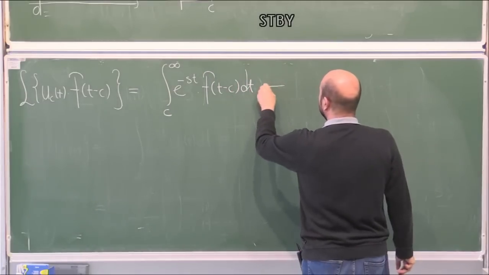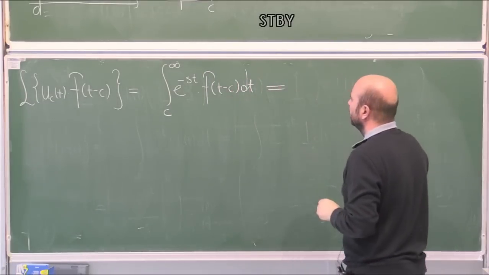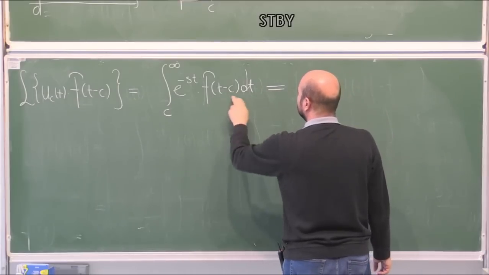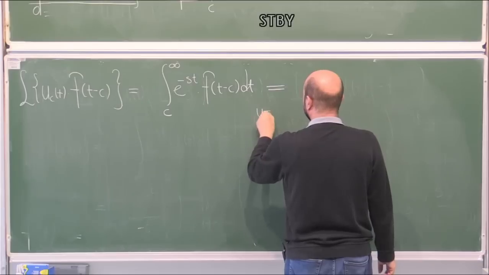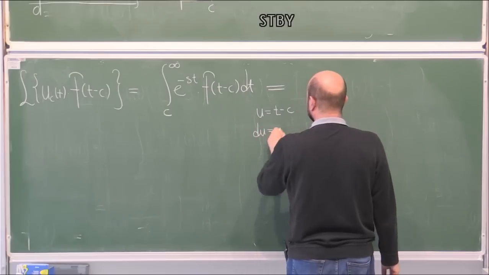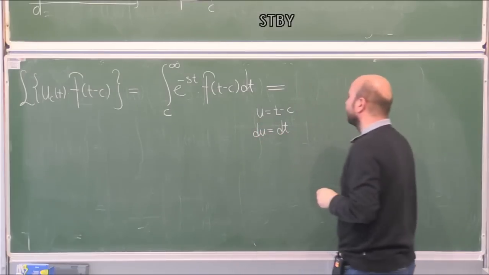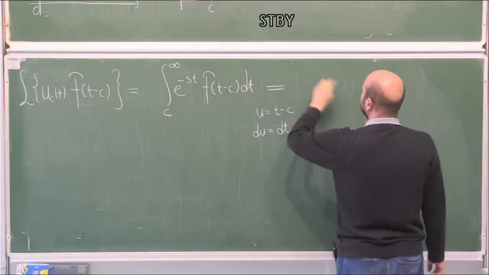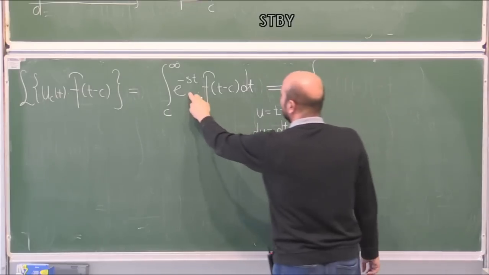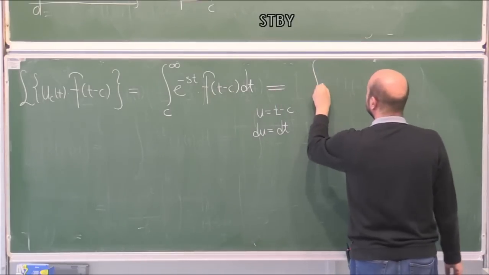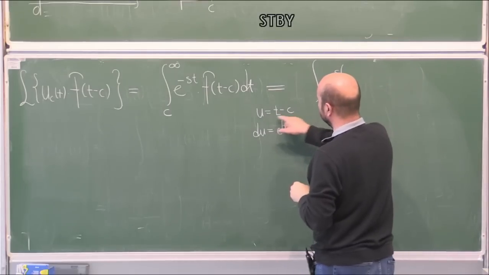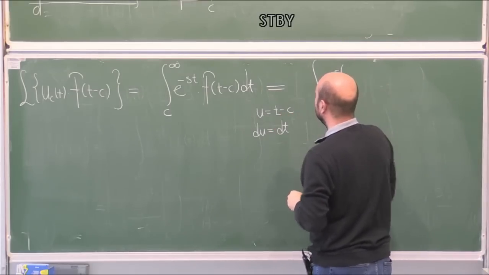Now, I want to do a change of variable. Let's call this t minus c as u. Then du is going to be dt. So with this, what do we get? We will have e to the minus st. So what is t now? t is equal to u plus c.